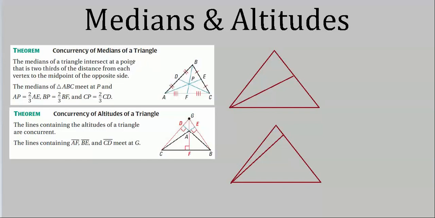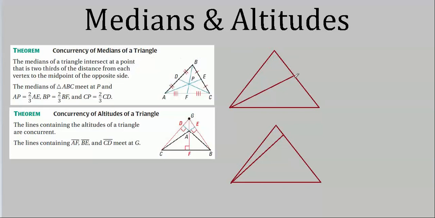What the heck is a median anyway? Well, we're coming close to exhausting all the ways we can find to connect sides and vertices together. Here's yet another way to connect stuff up. We go from the vertex to the midpoint of the opposite side. Why would you want to do that?